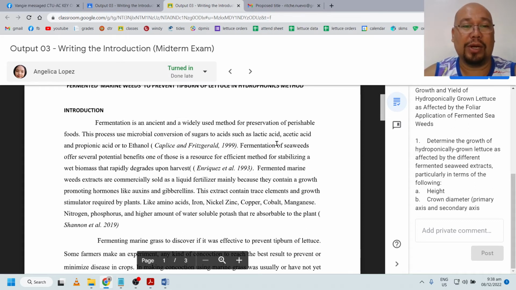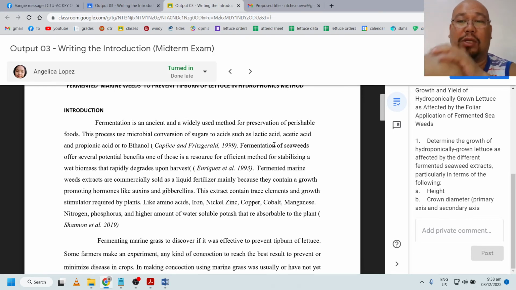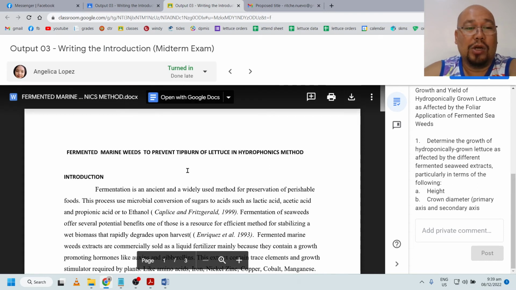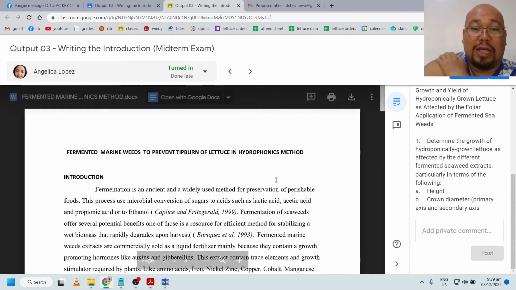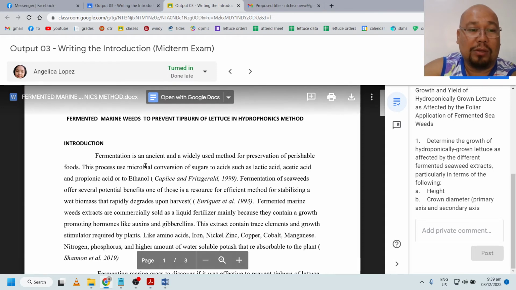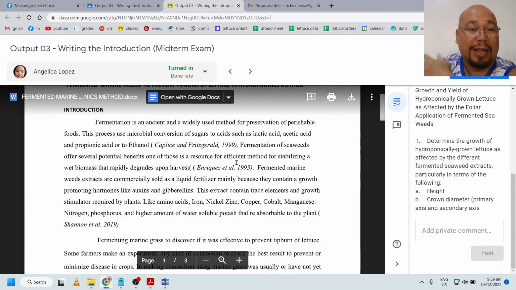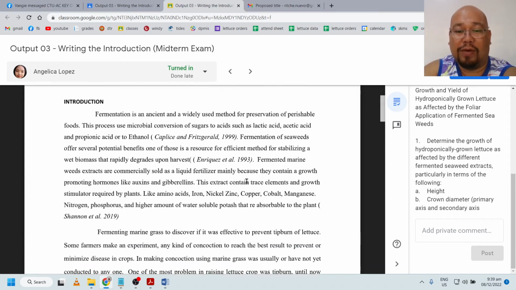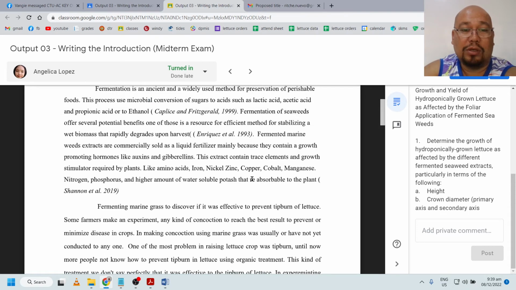So ang introduction, you start sa general concepts, then you go into more specific and so on and so forth. So here, you're looking into the effect of the fermented seaweeds dito sa growth and yield of lettuce. So maybe you can talk about lettuce, and then you can talk about fermented plant juices, no, sa iyang effect sa mga possible nga nutrients.